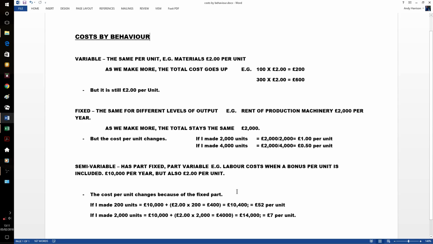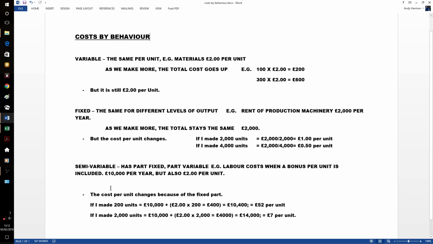This is a fairly extreme example because what we've got is 200 units being made, so we've got the £10,000, the bonus bit, the extra bit, £2 times 200 is 400, total of £10,400, which works out at £52 per unit.